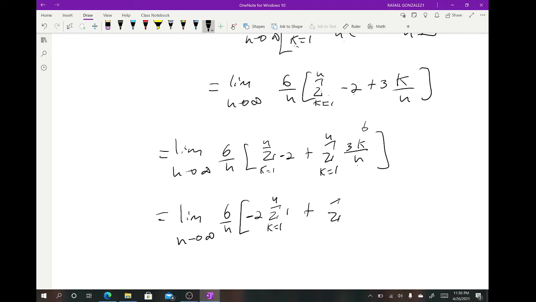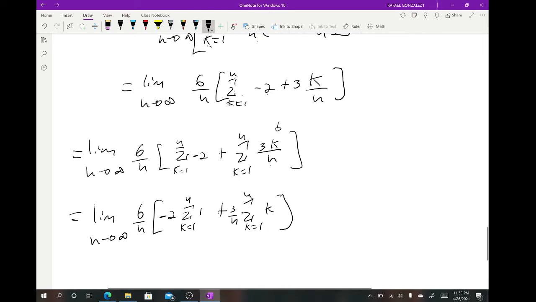Plus the sum, again, I'm pulling out this 3 over n on the outside, of k equals 1 to n of k. But if you recall from lecture 22, part 1, we know that the sum k equals 1 to n of c is equal to cn.